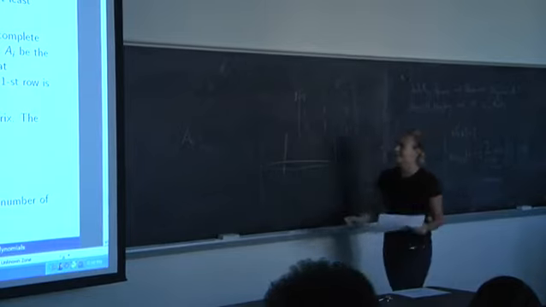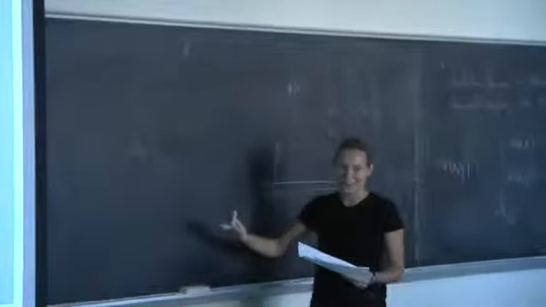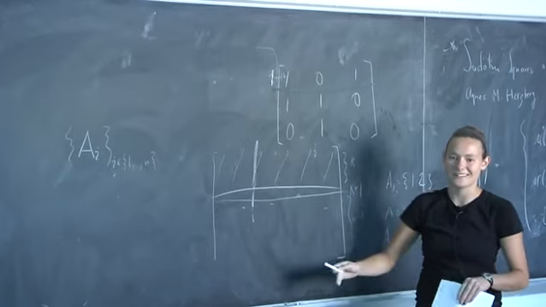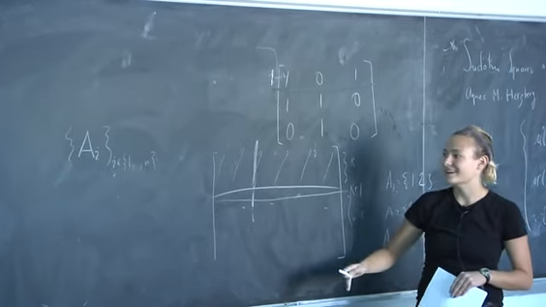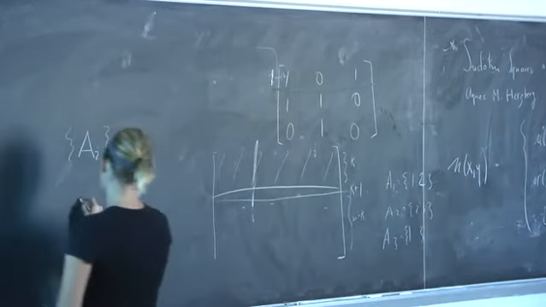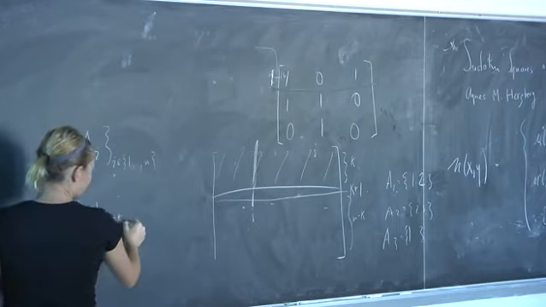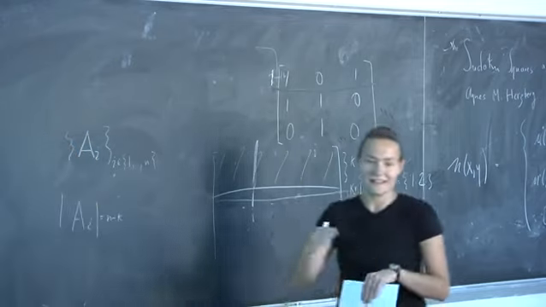Sorry, these A_i's should have been the guys that are not above. The A_i's are not the guys above, they're the guys that are not above. So the A_i's are going to have size n minus k, because you've used k guys.